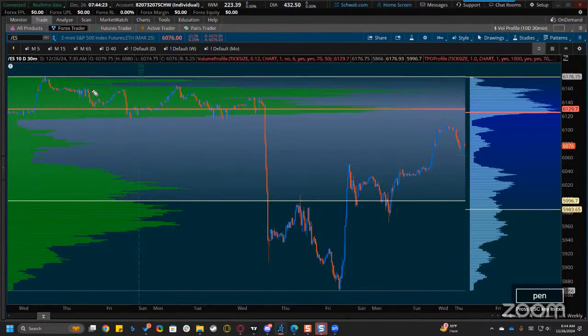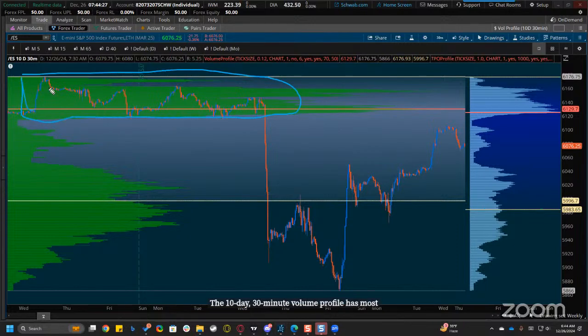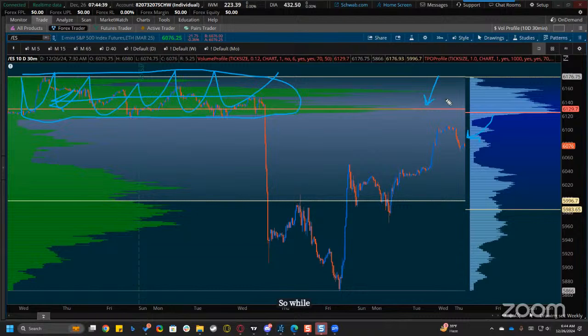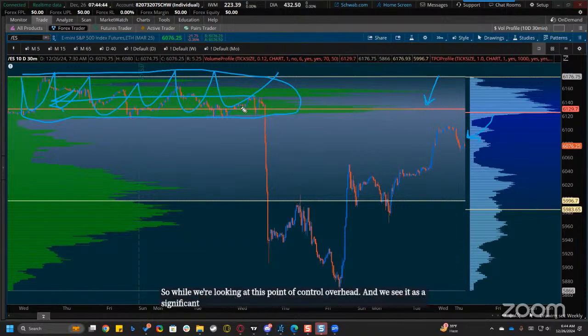The 10-day, 30-minute volume profile has most of the distribution up here. So for each new candle that we get on the right, we're going to lose one off of the left, and it's all going to be across these highs. So while we're looking at this point of control overhead and we see it as a significant resistance, we're going to be whittling away through a lot of that volume, and it's going to dissipate.